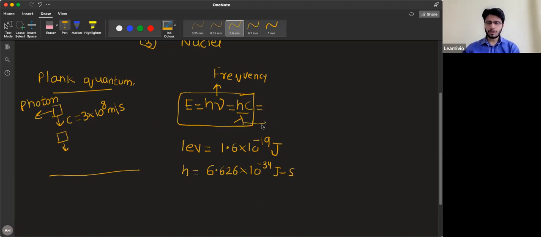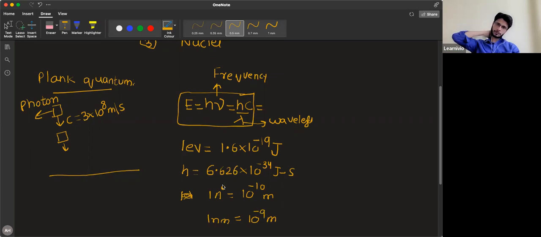This lambda, wavelength, is usually given in angstrom or in nanometer. So you should remember that 1 angstrom is 10 raised to the power minus 10 meter. 1 nanometer is 10 raised to the power minus 9 meter.